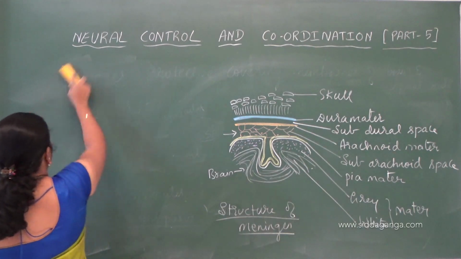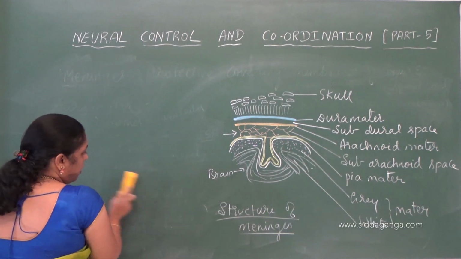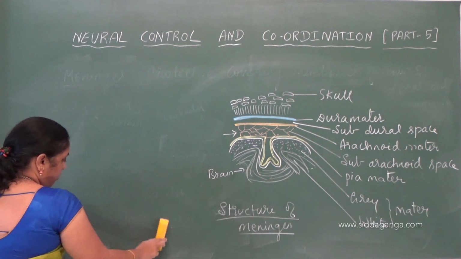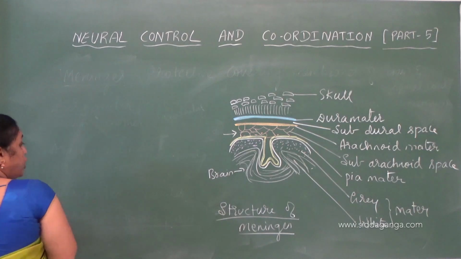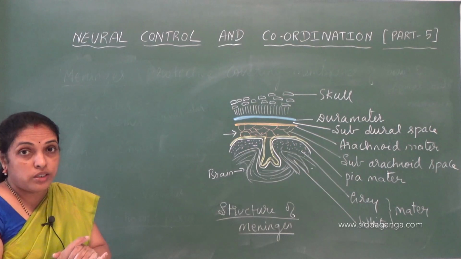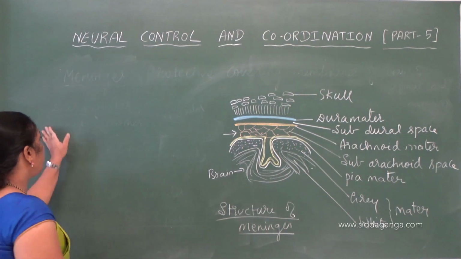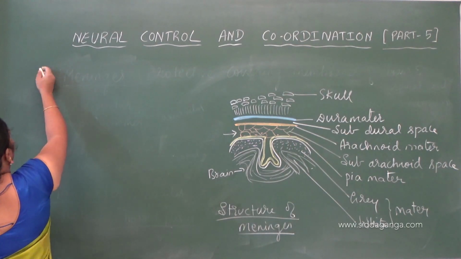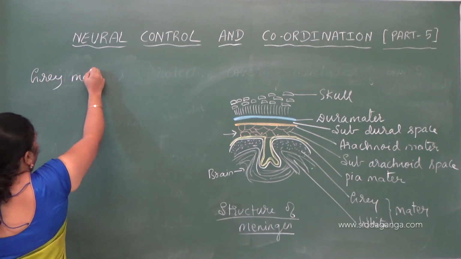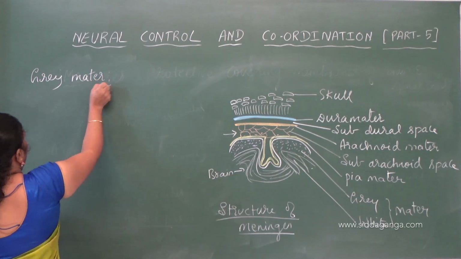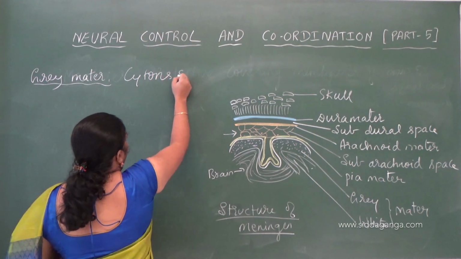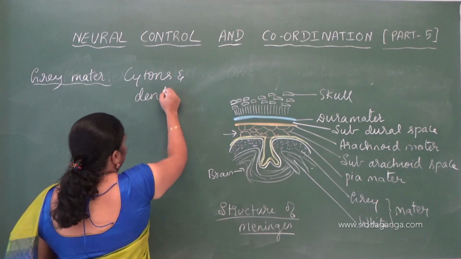Grey and white matter are tissues that are part of the central nervous system, differentiated into grey or white matter depending on the parts of the nerve cells involved. In the grey matter, you see cytons and dendrites.